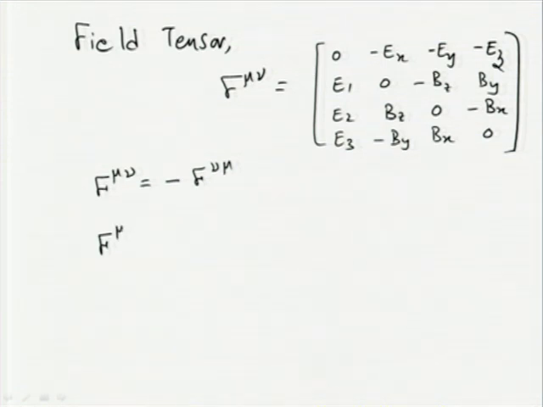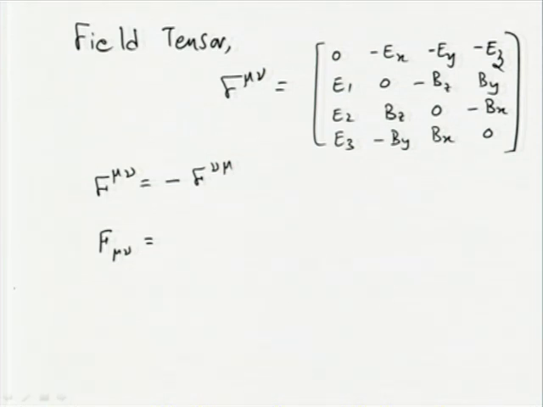Therefore, it is going to transform like a second rank tensor. We will come to that at some other point, it is not important here. Let us see how we write down the lower components. Let us look at the covariant form of this tensor F mu nu.